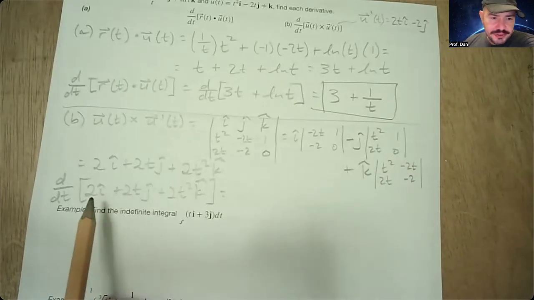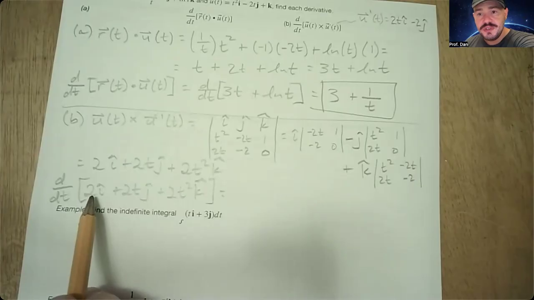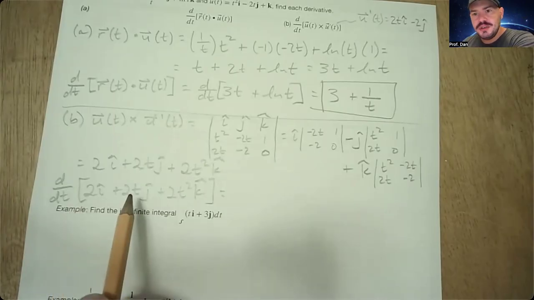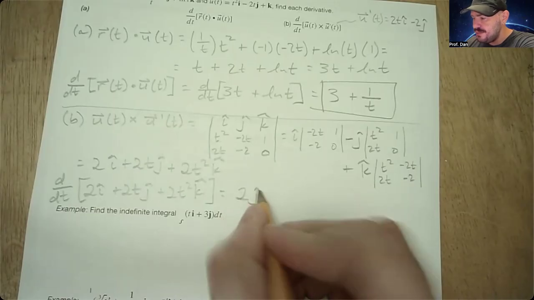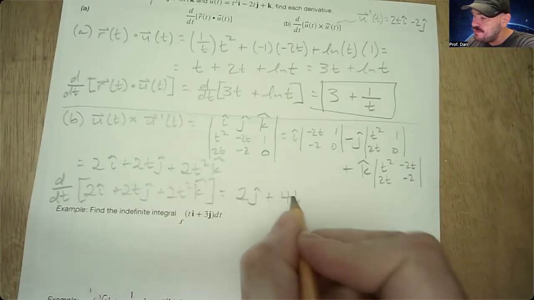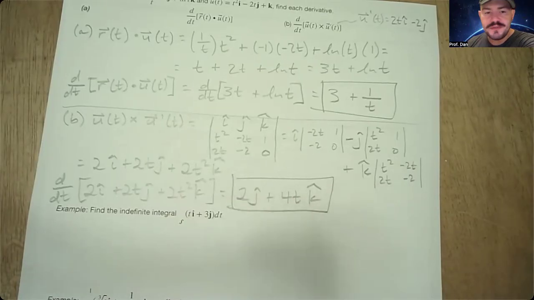We just have to take the derivative of each of these components separately. So derivative of 2, we get 0, meaning our final answer will not have an i component. Derivative of 2t, we get 2, so 2j. Derivative of 2t squared, we get 4t k. And that is our final answer.